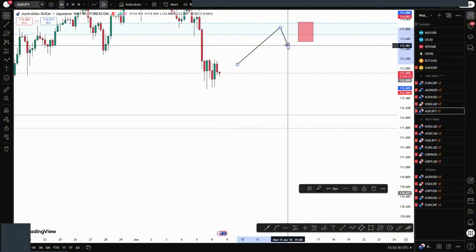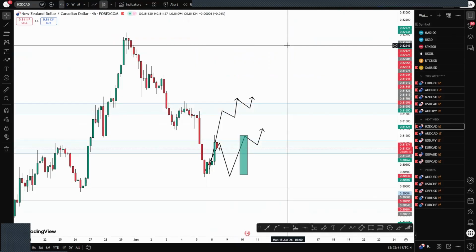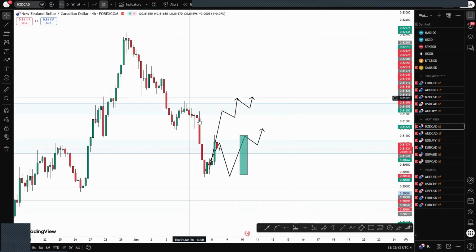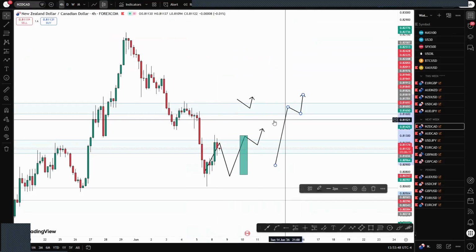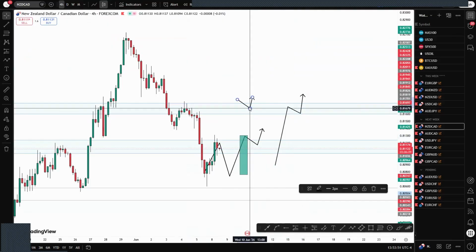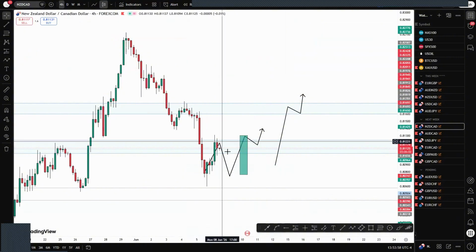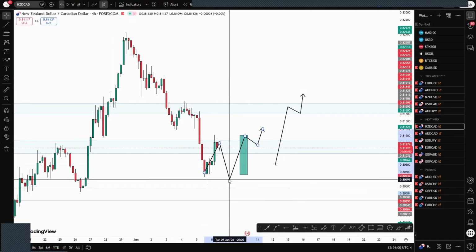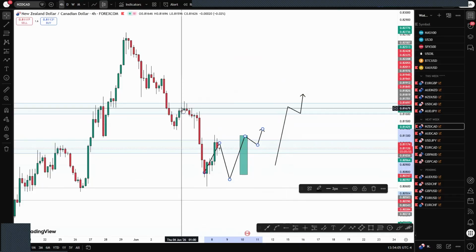The next thing is NZDCAD. This is something for next week. Like I told you, if you see something like this happening and there's no form of a 4-hour lower high or lower low that it can take out, it should show you that price either has to make a new lower low and then shift at this point, or come back and take out this level here.